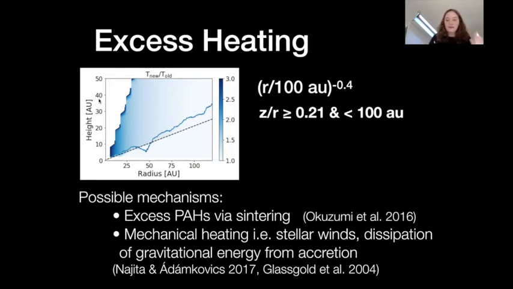So this would be like physical movement in the disks from disk winds, stellar winds, or dissipation of gravitational energy from accretion through the disk onto the star. That is something that certainly affects the inner few AU of the disk that RAC2D just doesn't take into account. And so this could also account for the excess heating that we found necessary to match the observations.